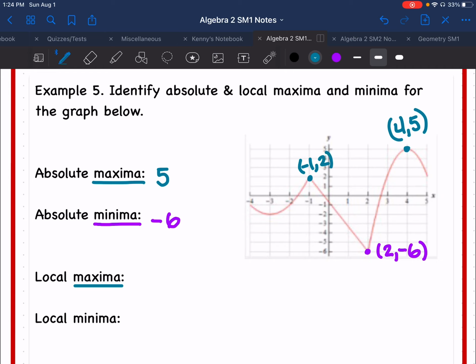Let me see, are there any more? I guess you could kind of put this one because we don't know what's going on here. So we could kind of say 5, 2. Okay, it's the same thing. See, I wouldn't use these ones on the ends because we don't know what's going on.